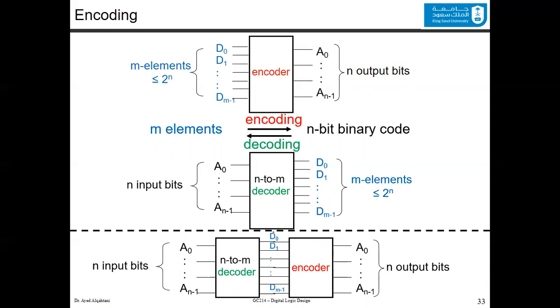This is only for educational purposes to show the relationship between the decoder and the encoder. If you connect this really in the real world, you have a chip and another chip and you connect them together, you are not making any progress. Whatever you have in the input is generated at the output. So it's equivalent to just a simple line.